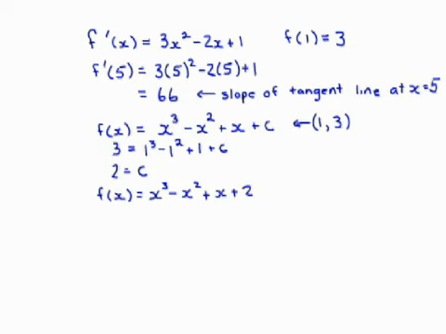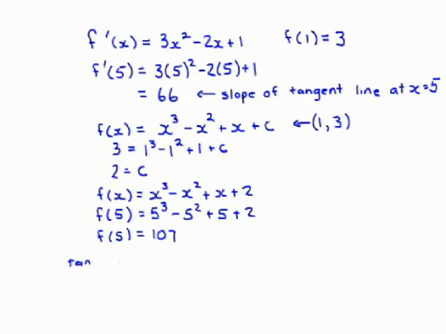Now I can substitute 5 in for x and find the corresponding value of y, or f of x, and I find it to be 107. So far for the equation of the tangent line, I have y equals 66x plus b. I need to find the b, or y-intercept.